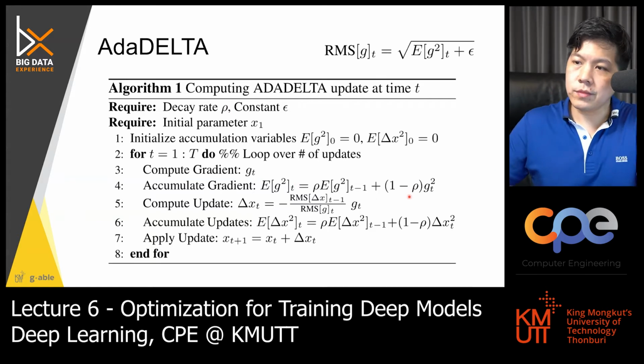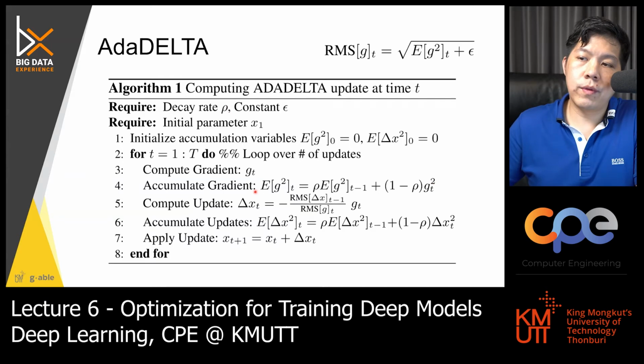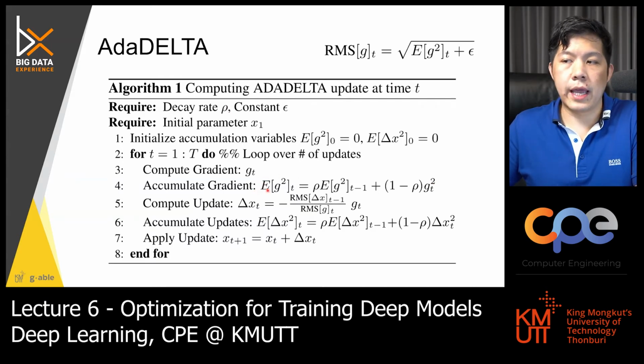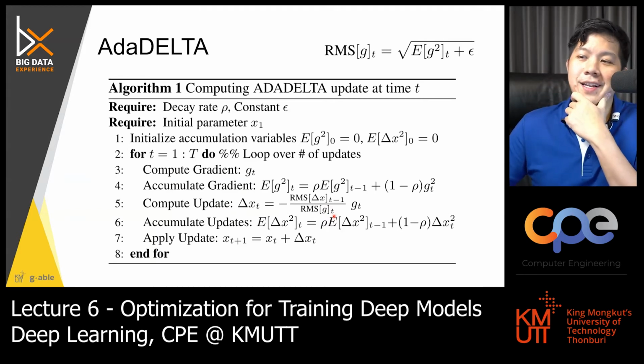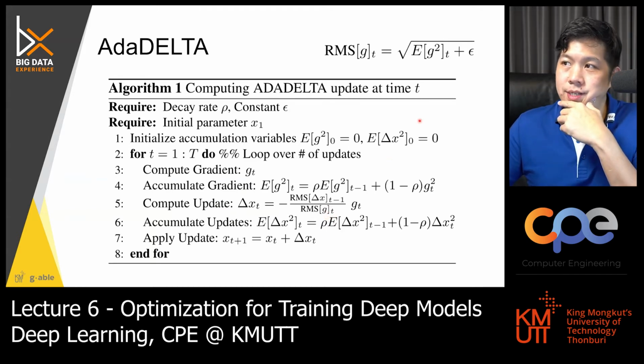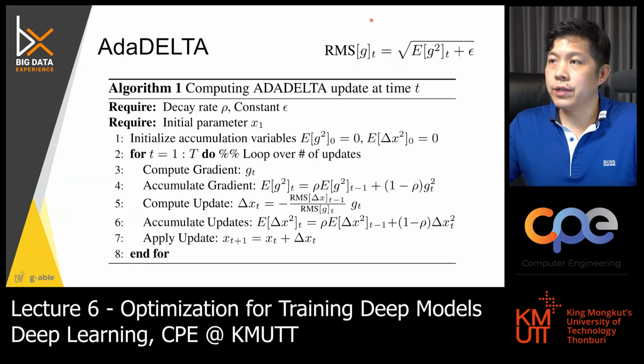Okay, and after you get the accumulation of the expected value of the gradient, you can compute the update, and the update comes from the RMS of delta x at time t minus 1, and the RMS of g_t. What is the RMS? The RMS is the root mean square. That means you need to take the square root.